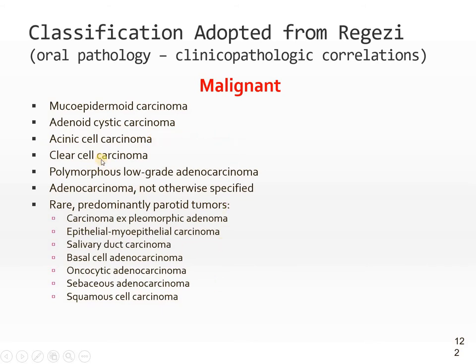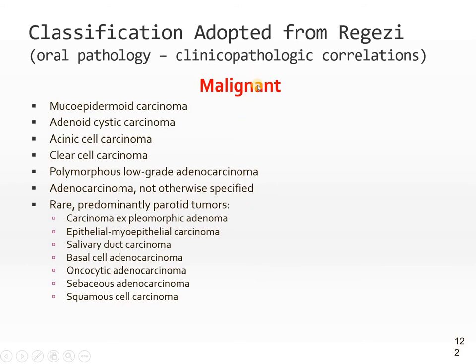There are other variants which include clear cell carcinoma and PLGA, presently called polymorphous adenocarcinoma. The term low grade has been removed in the recent classification. When you do not have an ability to classify it, we call it adenocarcinoma not otherwise specified.